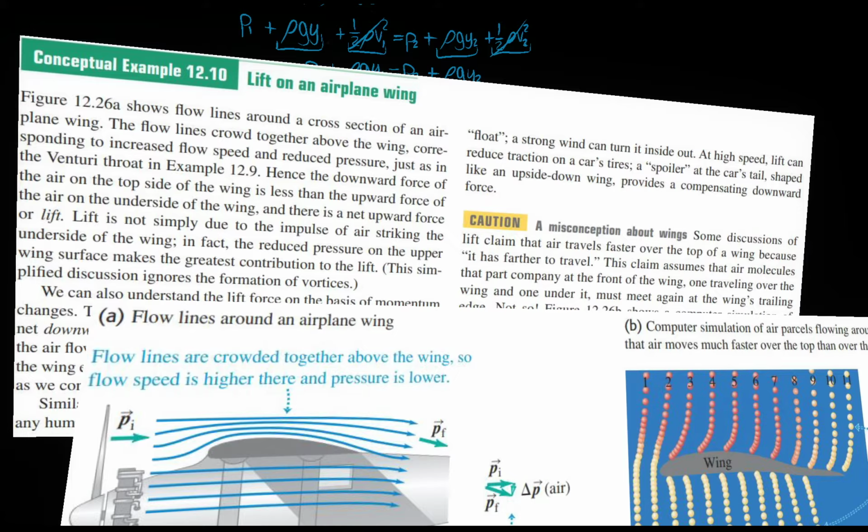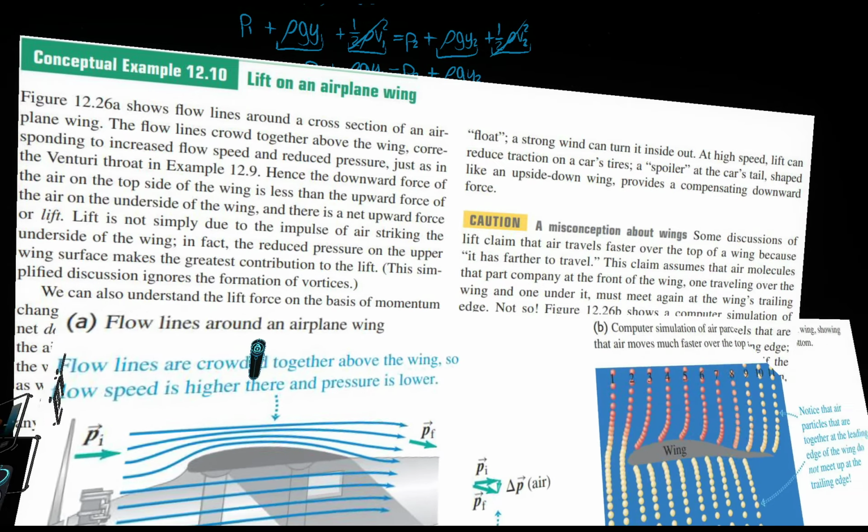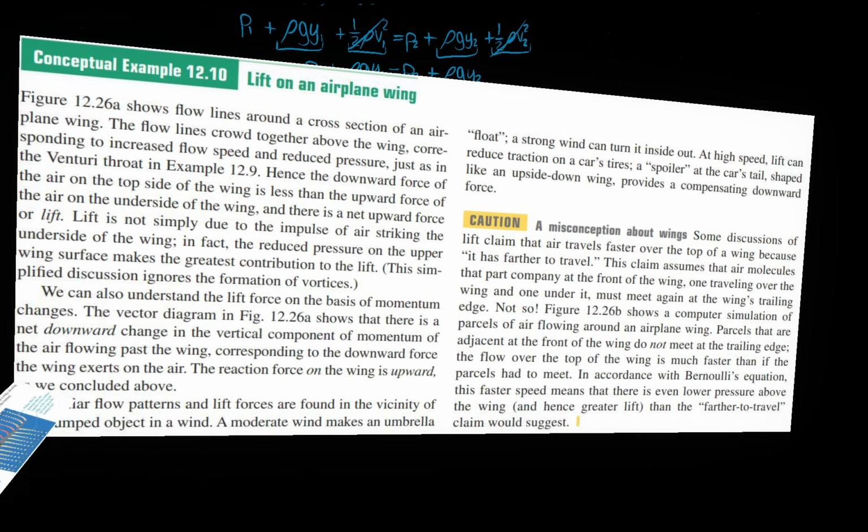And this ignores vortices. There are little pegs that can exist on the top of wings that prevent the air from vortexing too much. But ignoring all that, we can also understand the lift force on the basis of momentum changes.